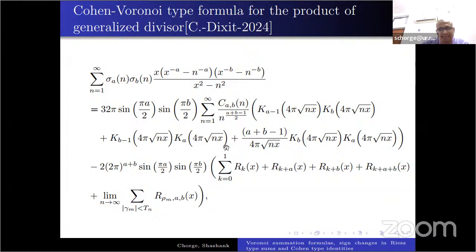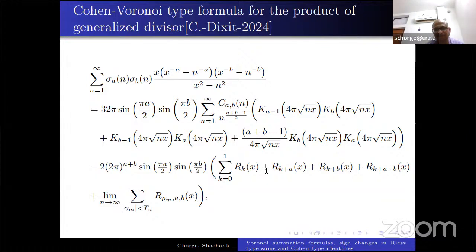But the Cohen type formula, which I mentioned just now, is kind of elegant, and it looks like this. Again, K a and K b minus 1 are Bessel K functions, and the R's at the bottom of the screen are nothing but residues of the zeta function, residues occurring due to either the zeta or gamma function.